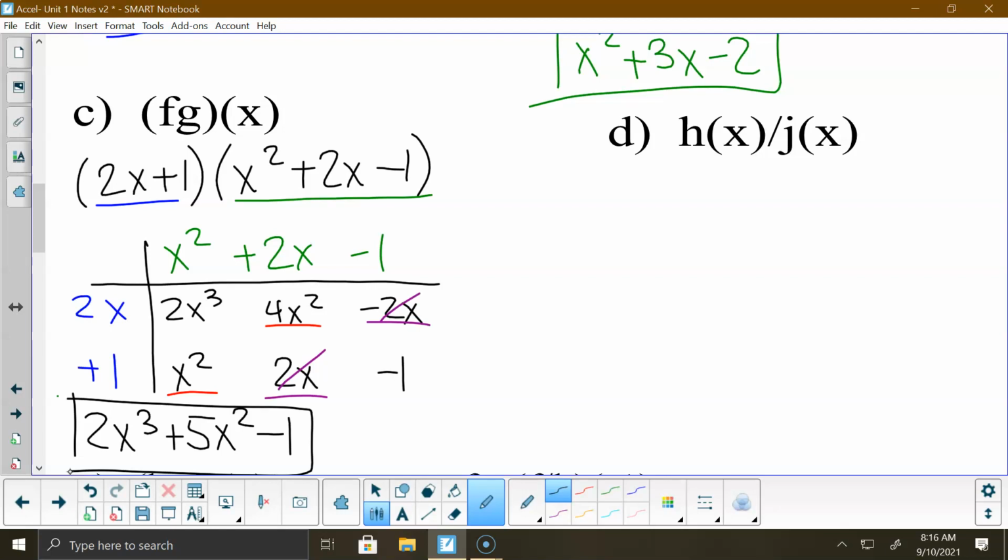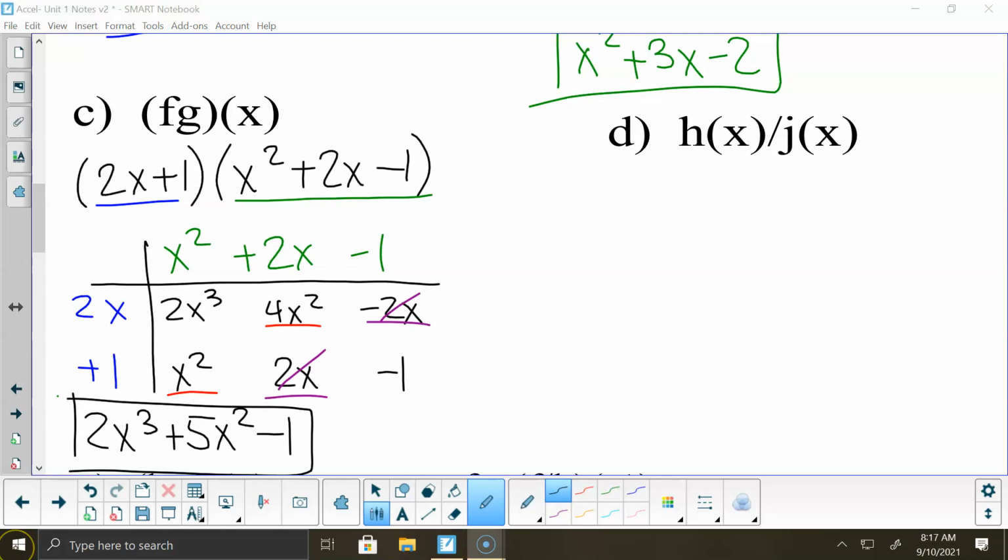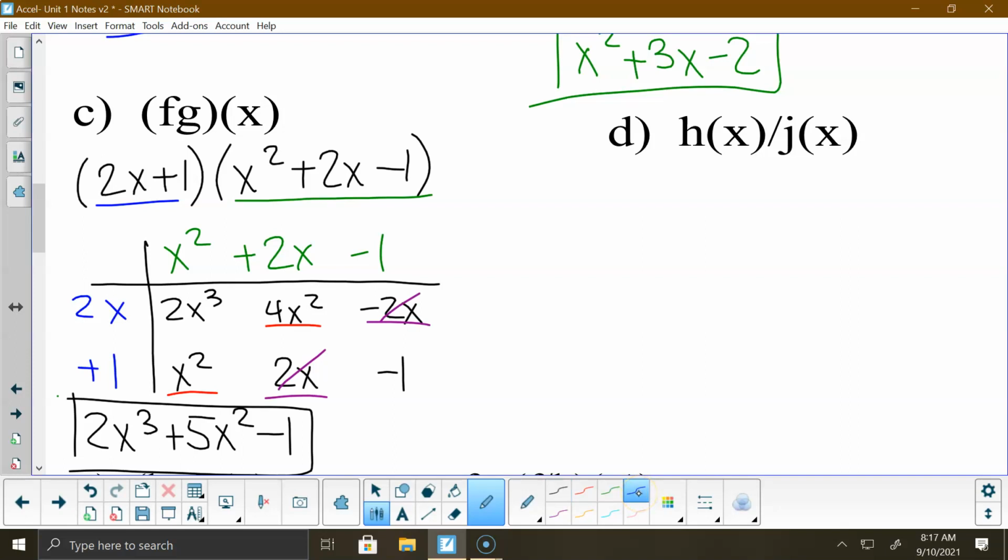All right, how did D go? Didn't get there yet? Okay, I can pause it. All right, so for this one, we had h of x, and that was what, 1 minus x? 1 minus x. And I'm dividing it with 1 over x, correct? So that's called a complex fraction, which basically means it's a fraction inside of a fraction.